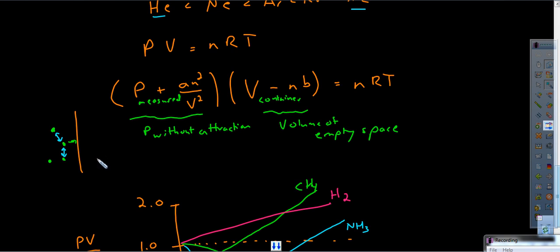By increasing the attraction between the particles, you'll actually be decreasing the measured pressure. And hence, to get back to ideal conditions, we need to correct for that. And so we want to add to the measured pressure to describe what the pressure would have been had there been no attractions between the particles.